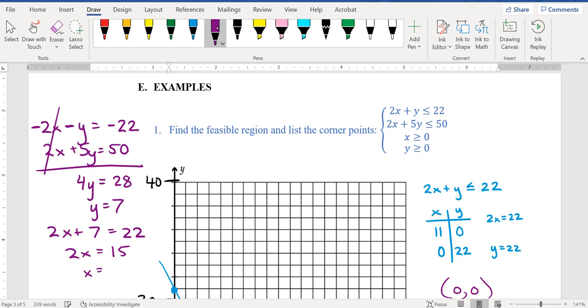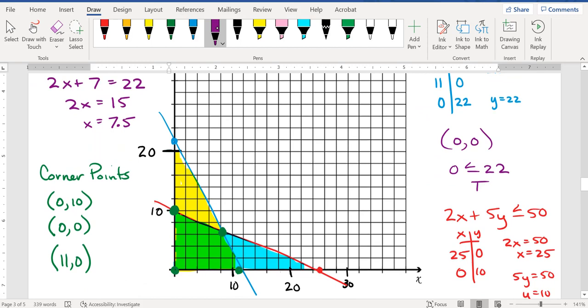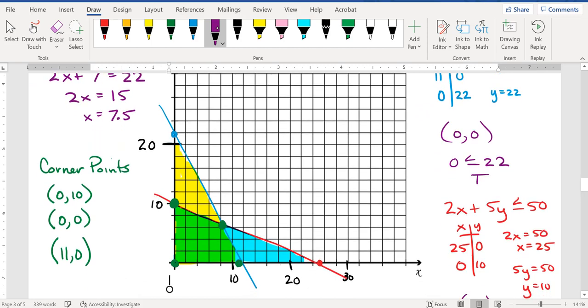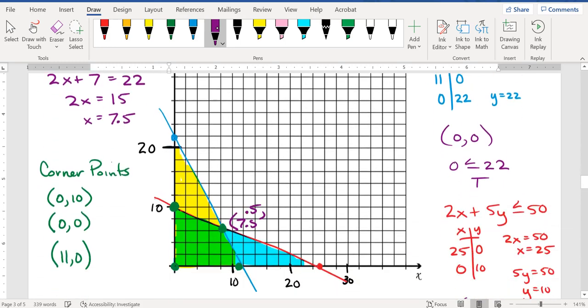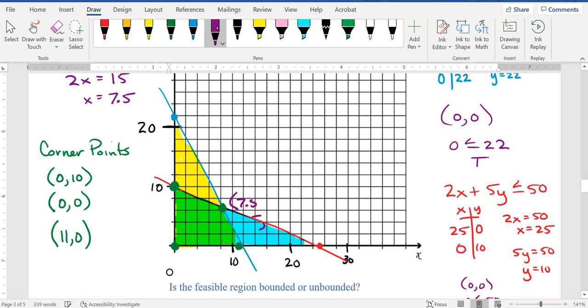So x would be 7.5. So my corner point here is 7.5, comma 7. So that's my last corner point, 7.5, comma 7.